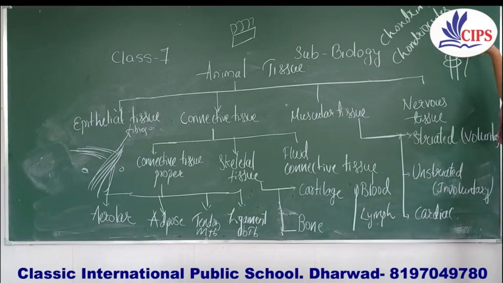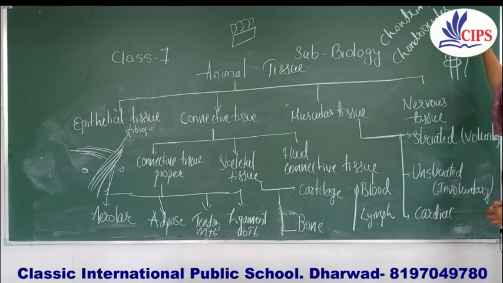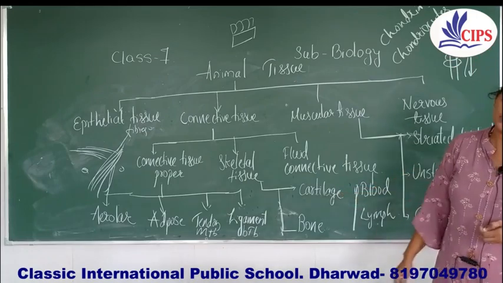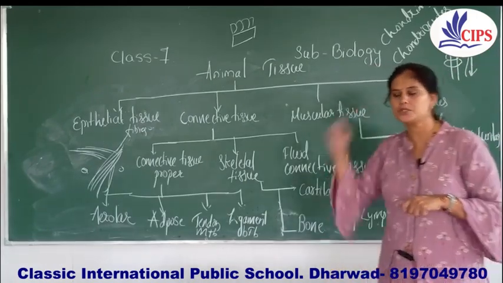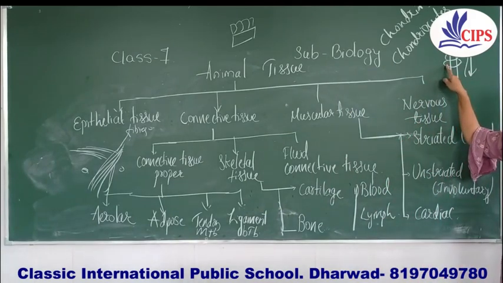What does this cartilaginous tissue do? It prevents the trachea from collapsing. Due to the presence of this cartilage, the trachea remains straight. So where are the cartilaginous tissues present? At the tip of your nose, at the ear pinna, and also in the trachea.